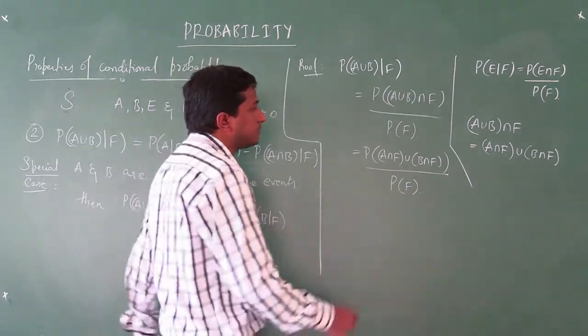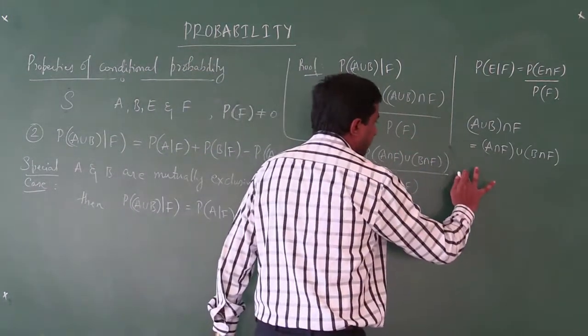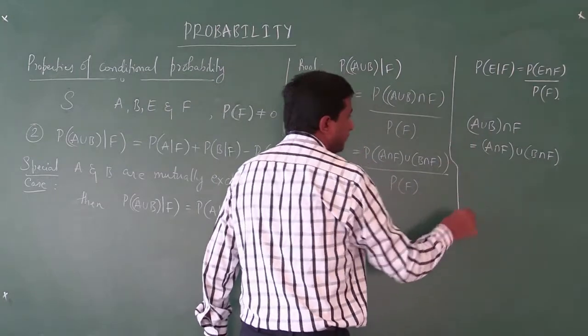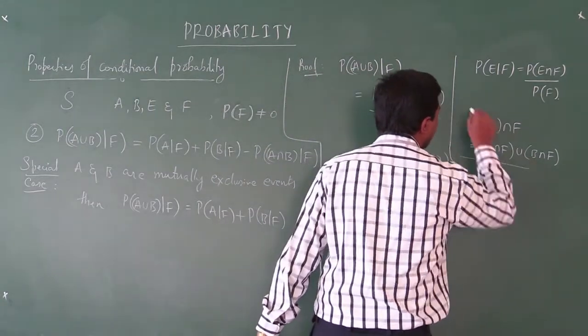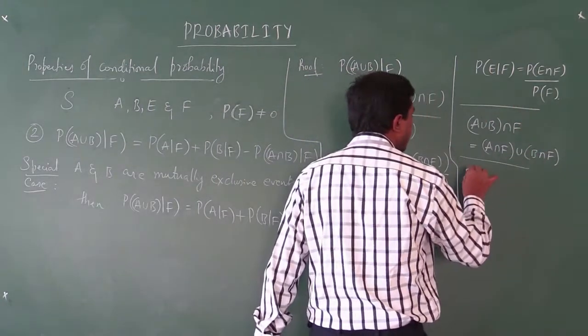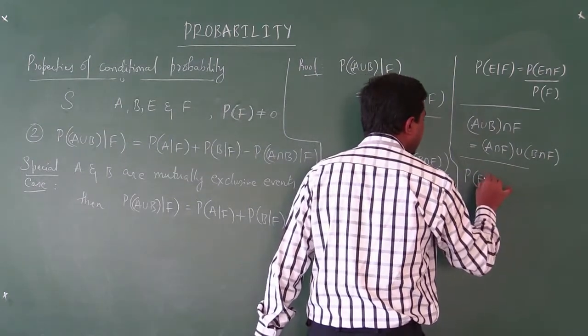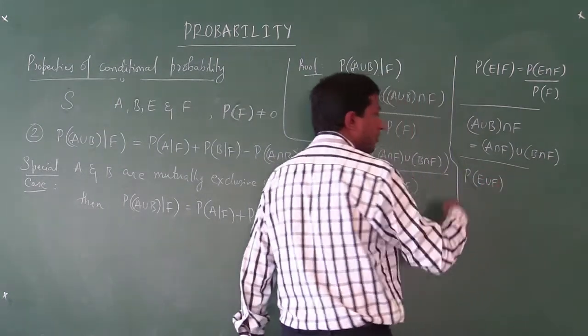Now we can just recall the first PUC result, P of E union F. How can we write this?